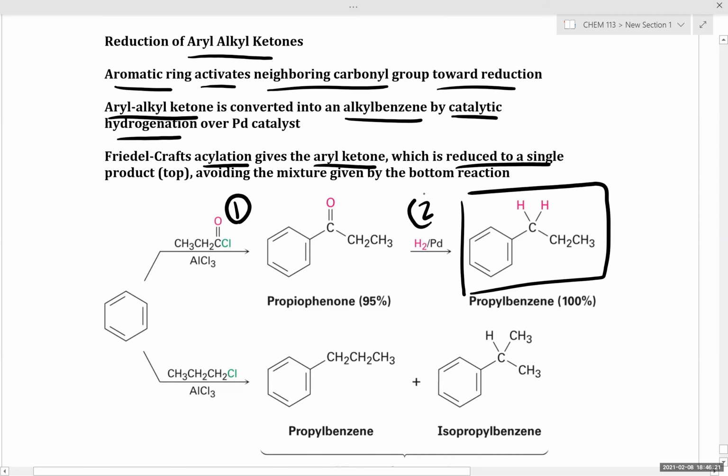This two-step process of acylation and reduction is very convenient because it allows us to utilize the more selective and slightly more controlled Friedel-Crafts acylation to install alkyl groups. Does that idea make sense?